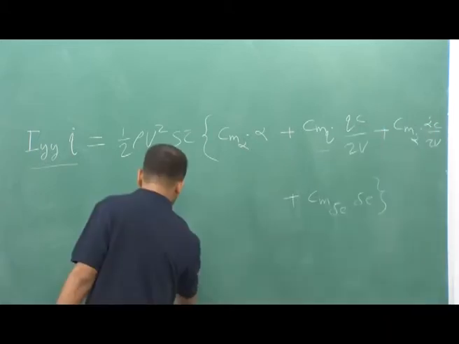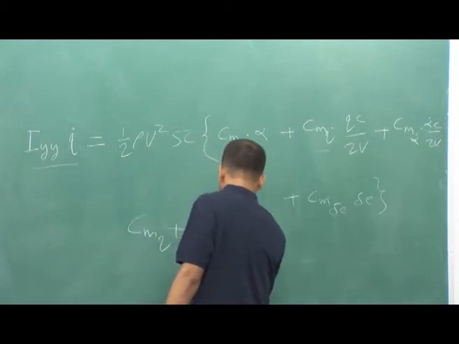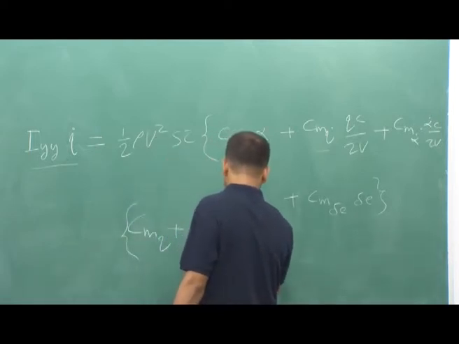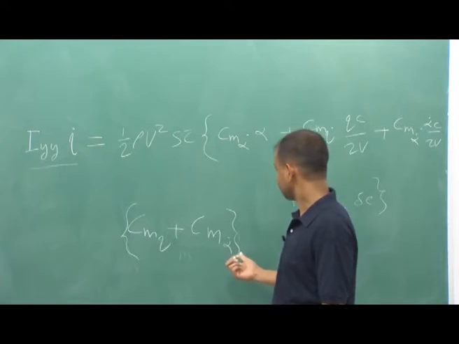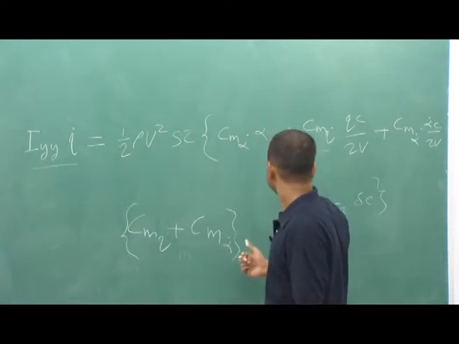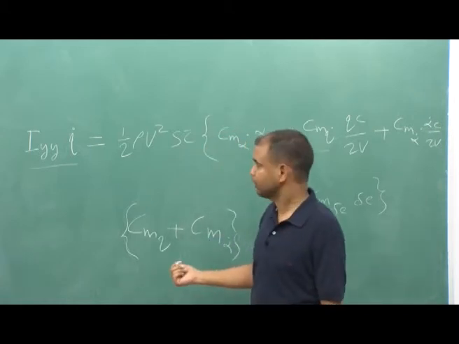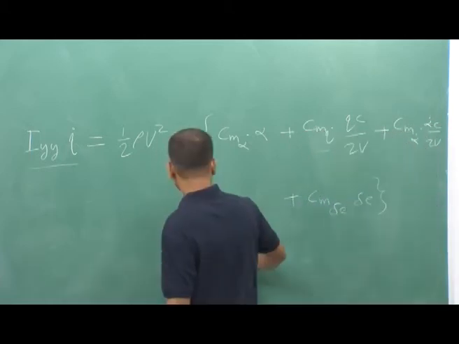So, you can see Cm q and Cm alpha dot, these two terms produce a moment on the aircraft which is proportional to the velocity, and that is why ultimately this will act as a damper. This will generate the damping effect in the pitching motion.